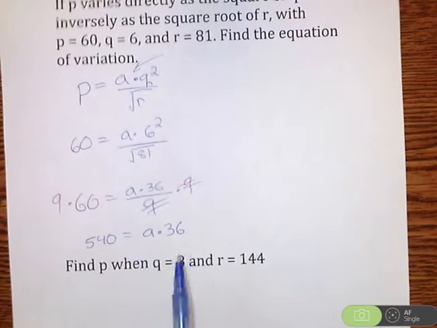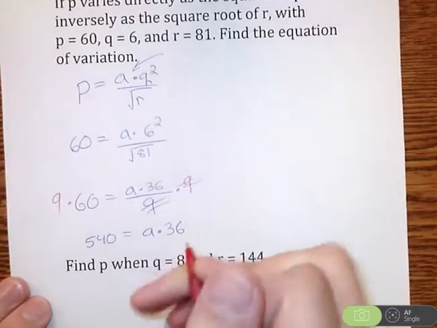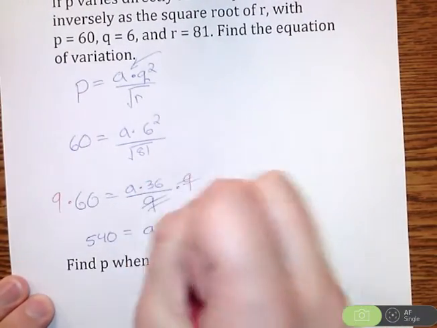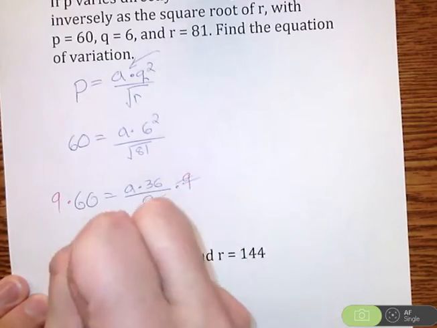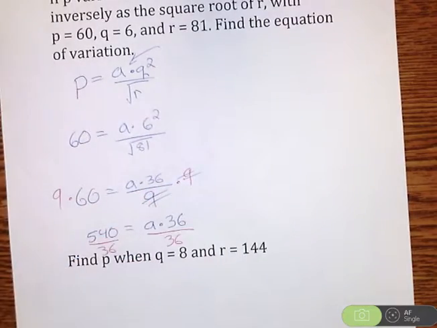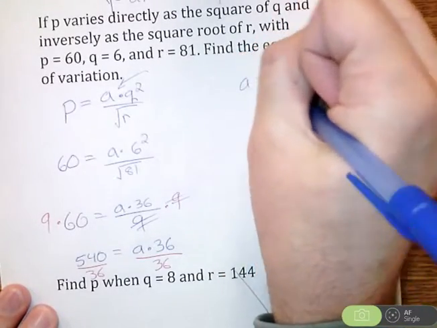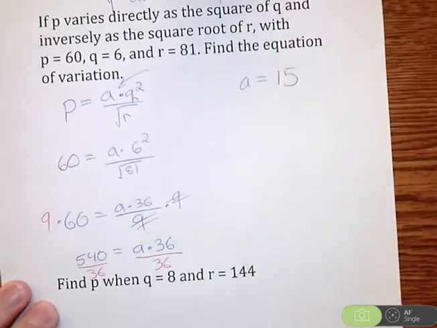So I have 540 equals a times 36. Continuing to solve there, if I want to get rid of a multiplication by 36, I'm going to divide both sides by 36. And when I do that, I get a is 15.